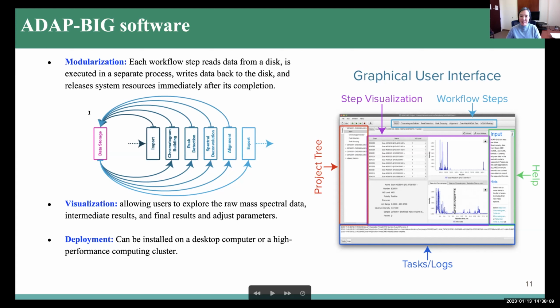But hopefully this will provide an alternative solution for those of you who have big data. Visualization is critical in the development so that users can interact closely with their data. This can be deployed either on a desktop computer or a high performance computing cluster. So if you have AWS accounts, you theoretically can also deploy this in a cluster environment.